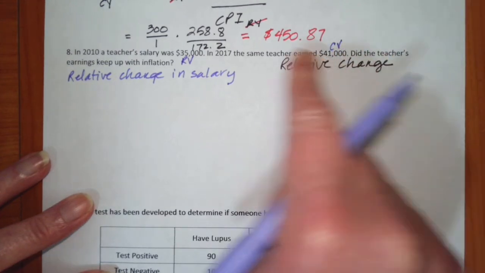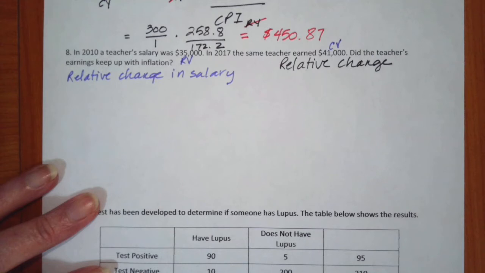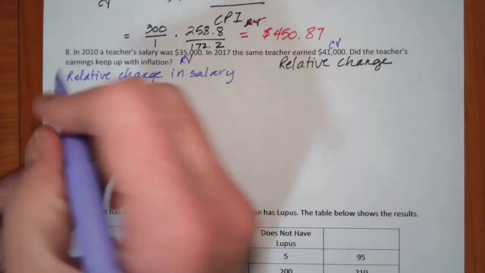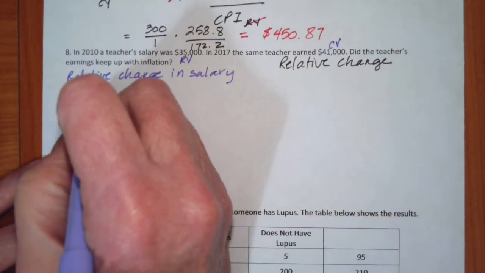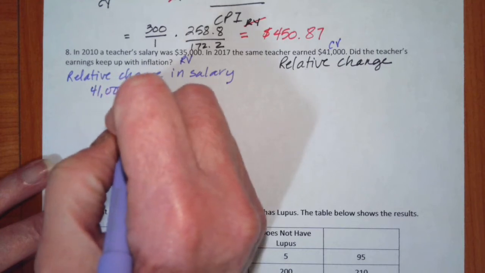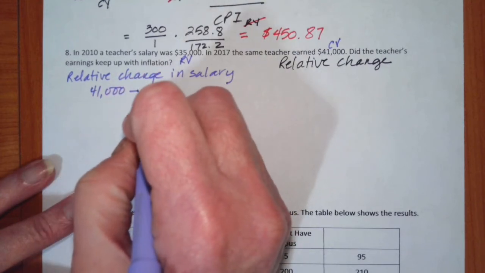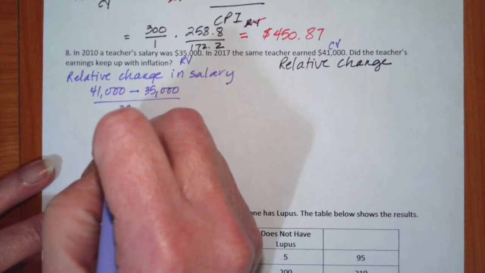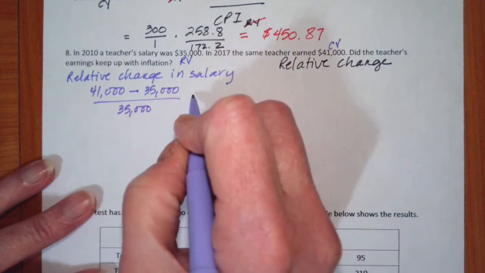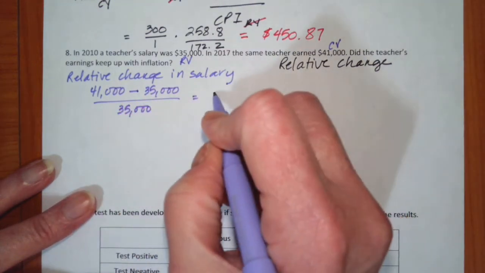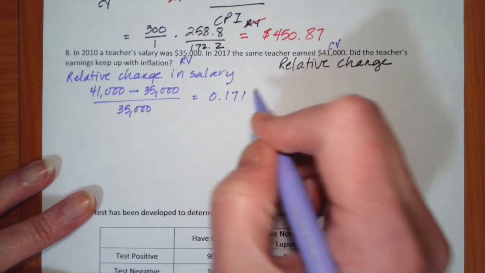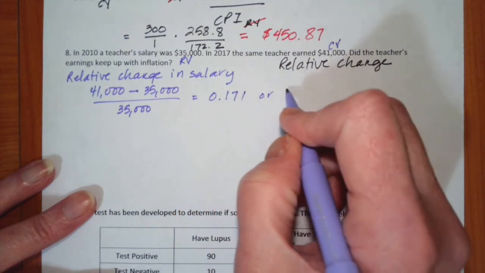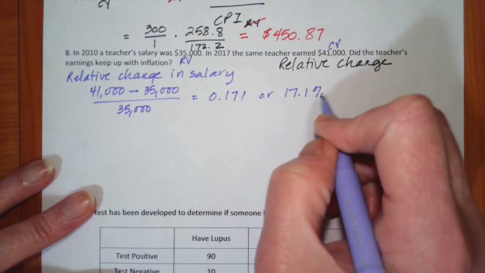We're comparing the 41,000 to the 35,000. So we know that this is 41,000 minus 35,000, all divided by 35,000, which gives us 0.171 or 17.1%.